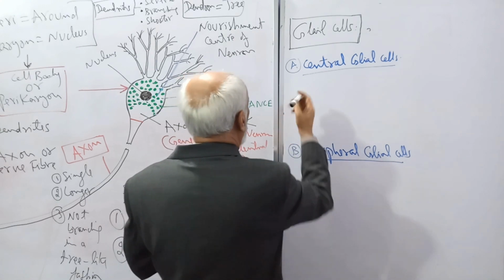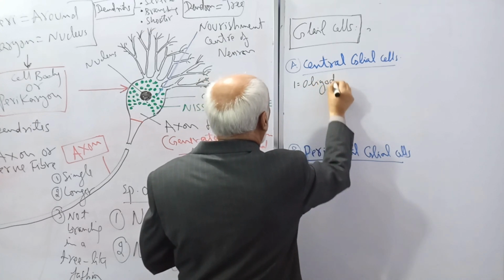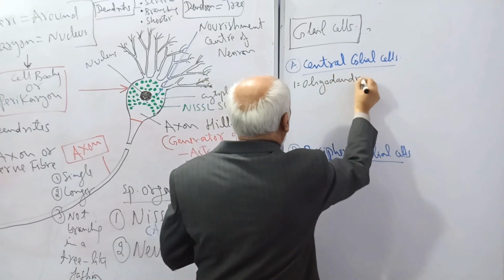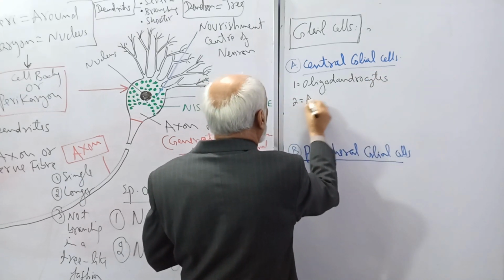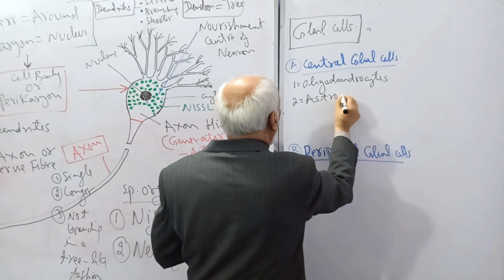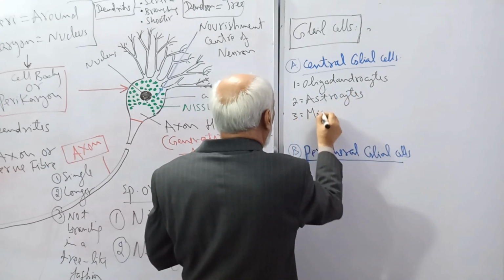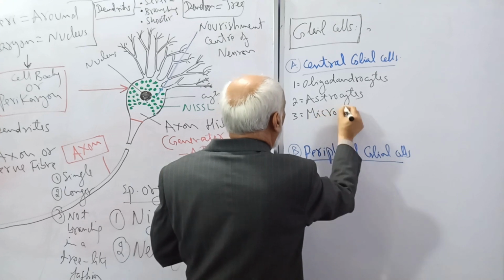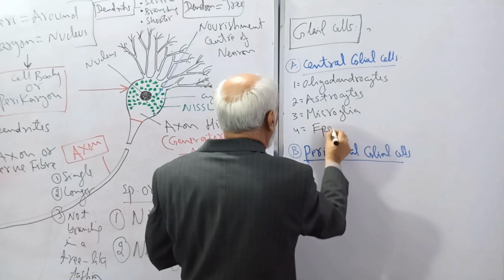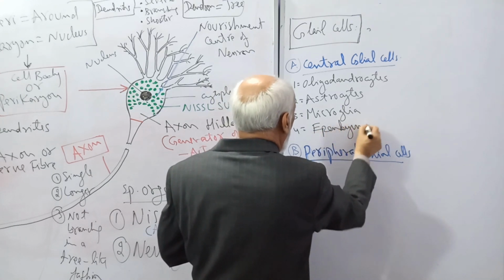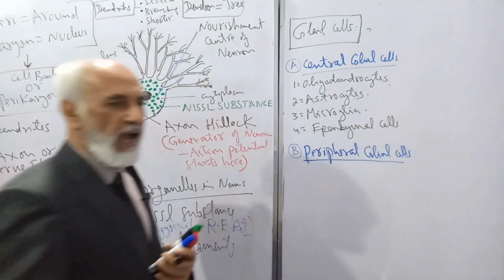These are number 1, oligodendrocytes, astrocytes, microglia, and ependymal cells. These are central glial cells.